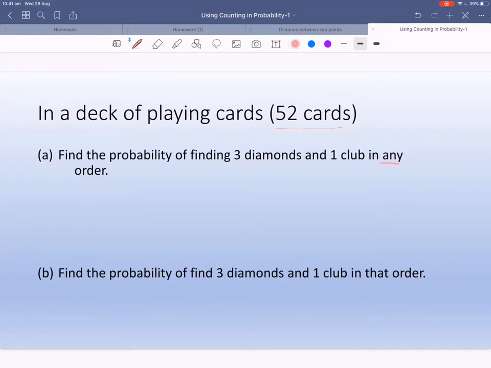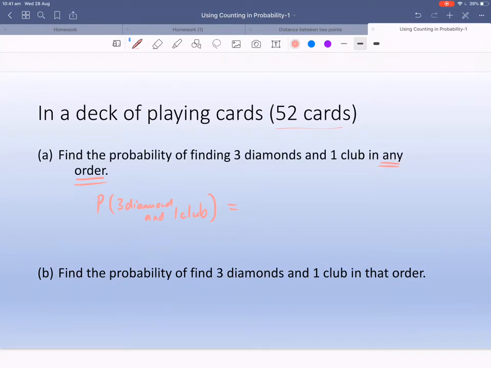Now straight away, any order should ring out to you, oh, that's a combination, because when order matters, that's a permutation. So we've got to go there already, okay? So let's find the probability of 3 diamonds and 1 club, okay?